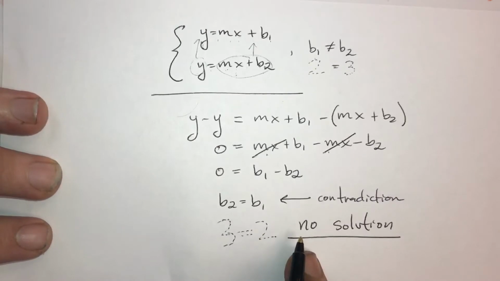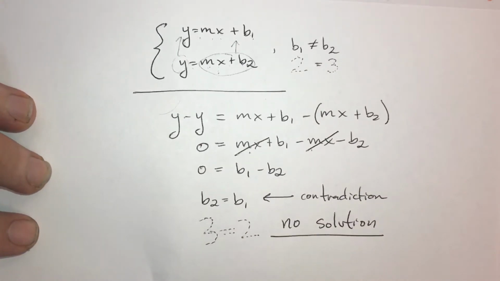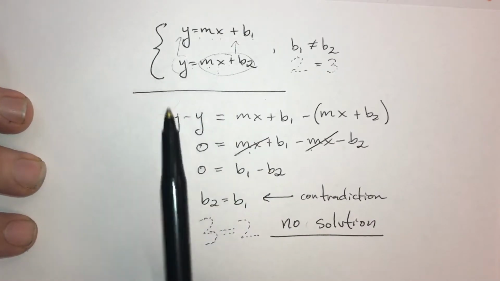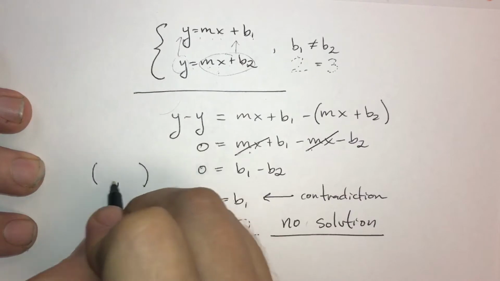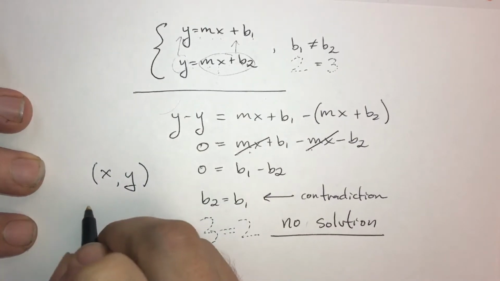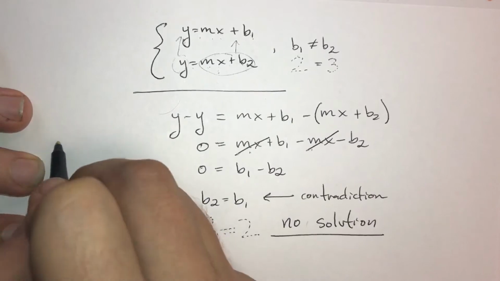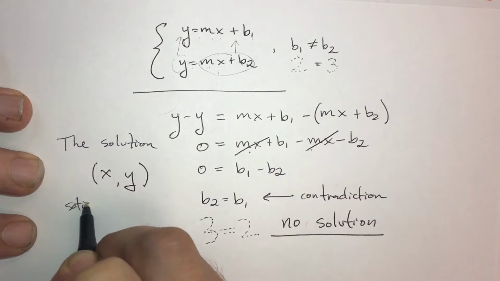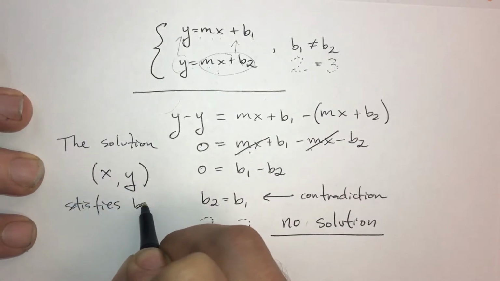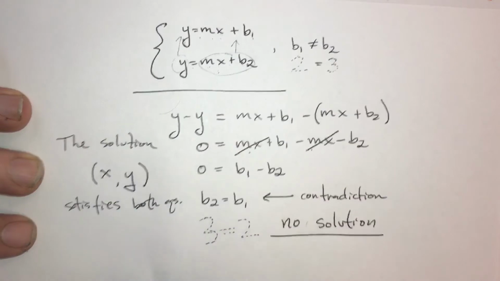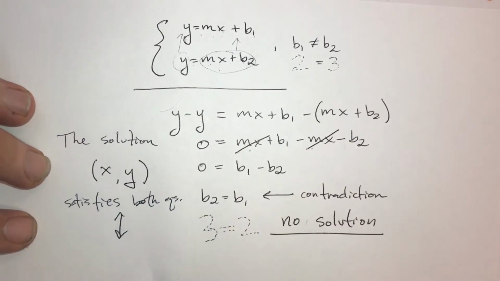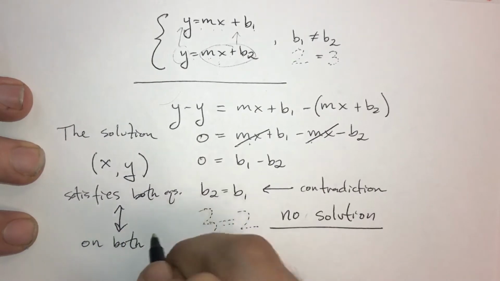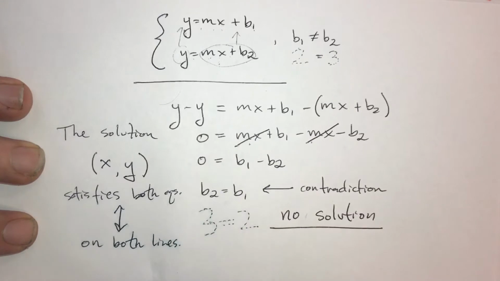Now this is going to make a lot of sense for our current topic when we really think about what the solution of a system of equations is. The solution of a system of equations, remember, is a single point (x, y) that satisfies both equations. Last class we talked about that satisfying the equation meant it was on the line. So satisfying both equations means on both lines.